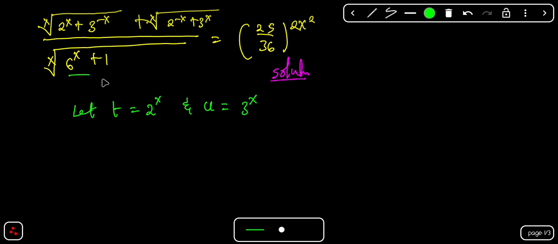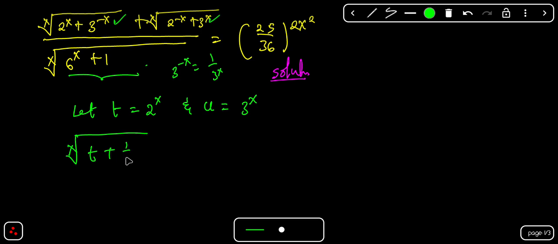Simplifying this left hand side, I'm going to start with the first term, then the second, and then the denominator. Simplifying the numerator first, we have the x-th root of 2 raised to the power of x, which is now t, plus 3 raised to the power of minus x. 3 raised to the power of minus x is the same thing as 1 over 3 raised to the power of x, and we know that 3 raised to the power of x is u, so that will be 1 over u.